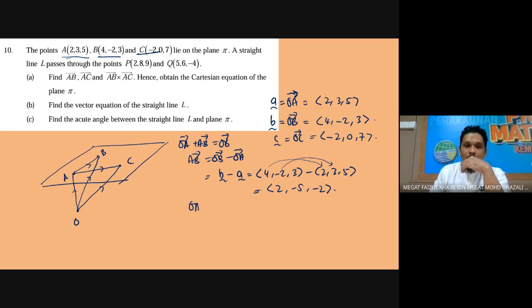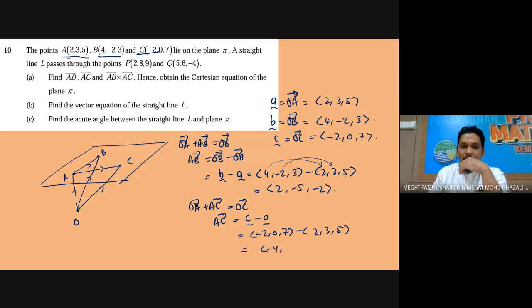And then OA plus AC equals OC. So then AC equals OC minus OA, which is C minus A. So (-2, 0, 7) minus (2, 3, 5) equals -2 minus 2, negative 4, 0 minus 3, negative 3, and 7 minus 5, 2.